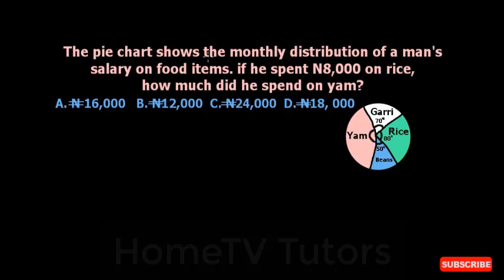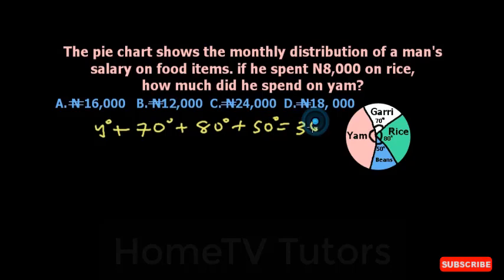The pie chart shows the monthly distribution of a man's salary on food items. If he spent 80,000 on rice, how much did he spend on yam? Okay, let's look at it. Let's say y is x degrees plus garri, which is 70 degrees, plus rice, which is 80 degrees, plus beans, which is 50 degrees, all equal to 360 degrees.